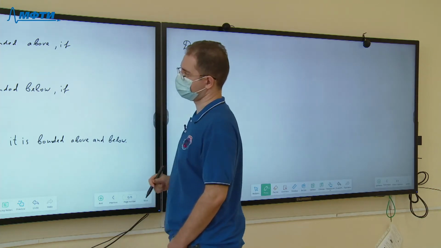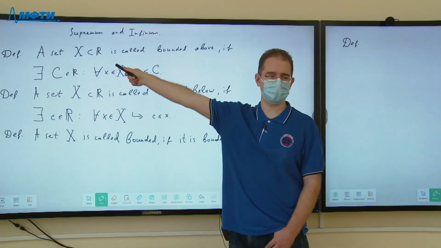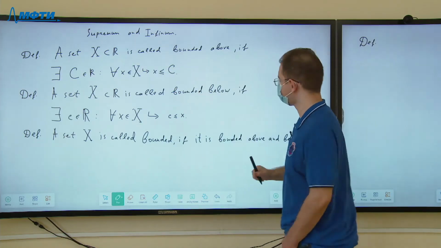Definition. Basically this number capital C over here is called an upper bound of my set X. Let me write it down.